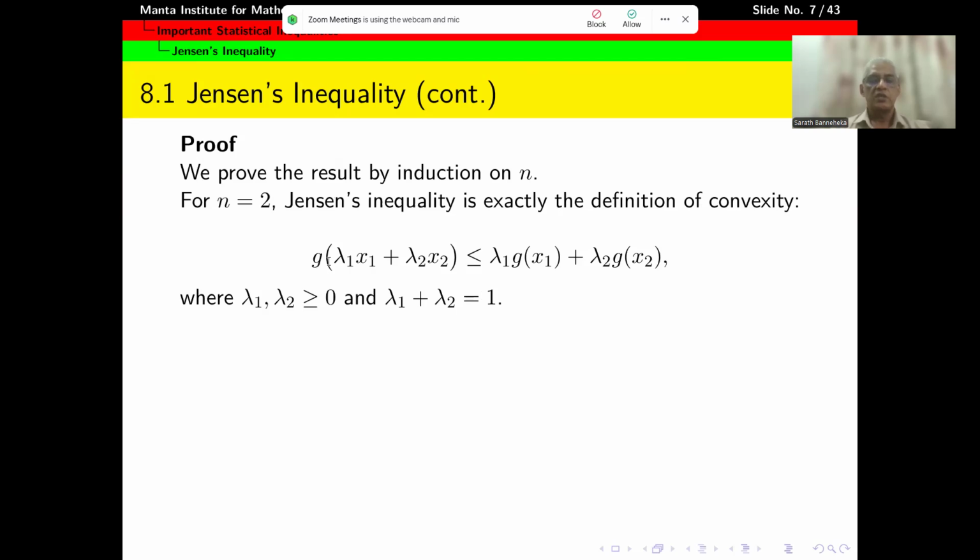That means G of (lambda 1 x1 plus lambda 2 x2) is less than or equal to lambda 1 g(x1) plus lambda 2 g(x2), where lambda 1 plus lambda 2 is equal to 1. In that case, lambda 2 can be written as 1 minus lambda 1. So that's what we used as the definition of the convex function.